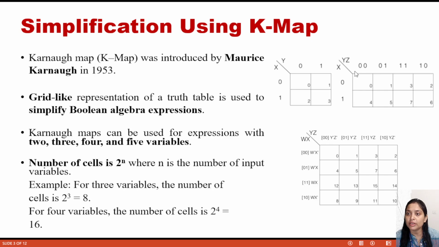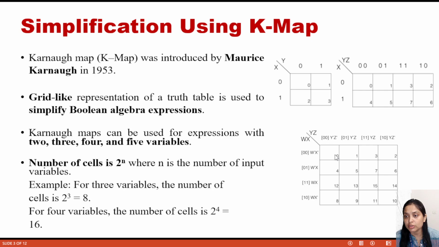Now if the number of variables is 3, how many cells will be there? The number of cells will be 2 to the power 3, that means 8: 1, 2, 3, 4, 5, 6, 7, 8. If the number of variables is 4, then it will be 2 to the power 4, that means 16 cells, numbered from 0 to 15.